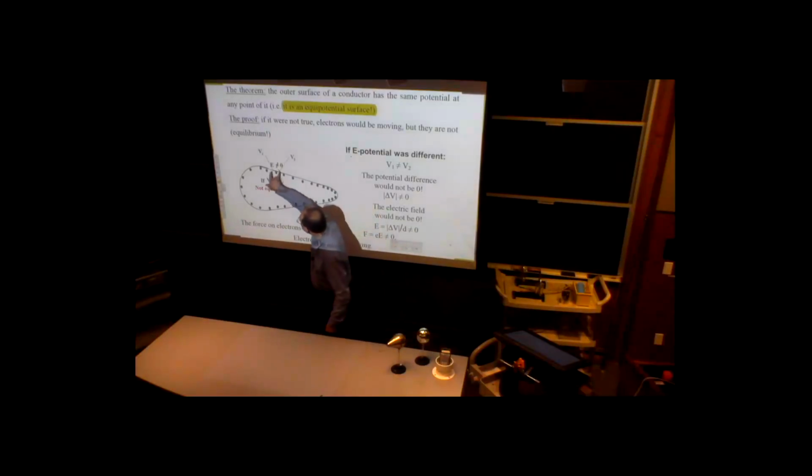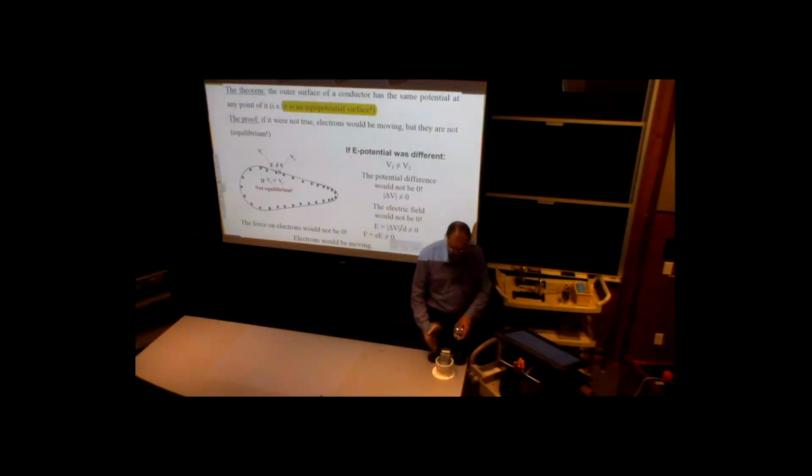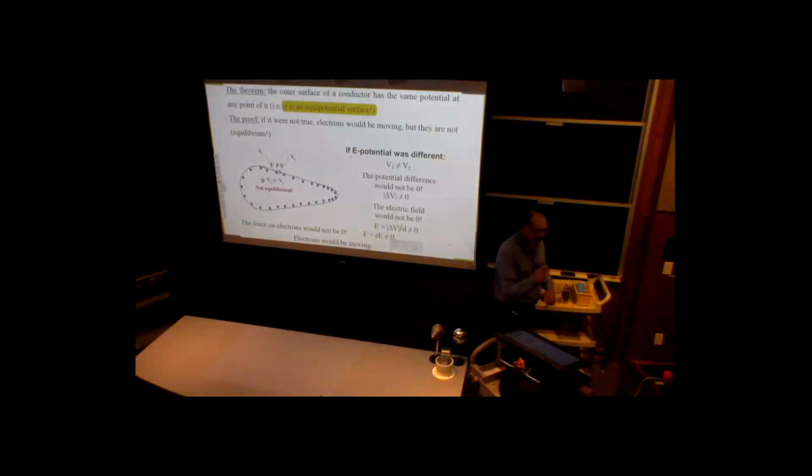If we had a different potential here and here, the potential difference would create an electric field. That electric field would create a force. That force would make them move. In equilibrium, when equilibrium is reached, that means no force, no electric field, and there is no potential difference.